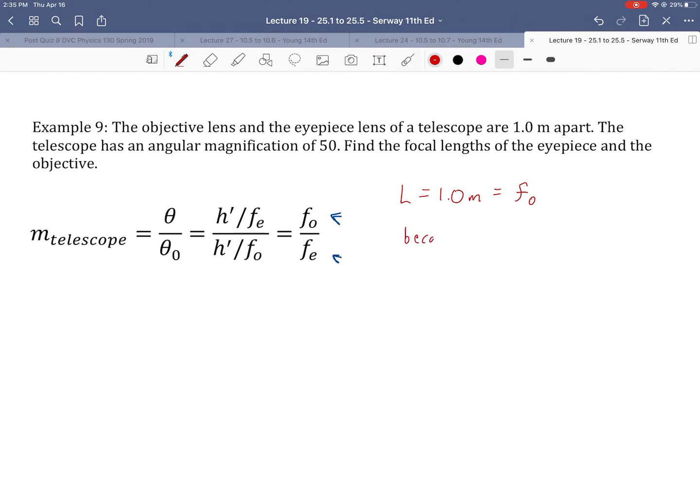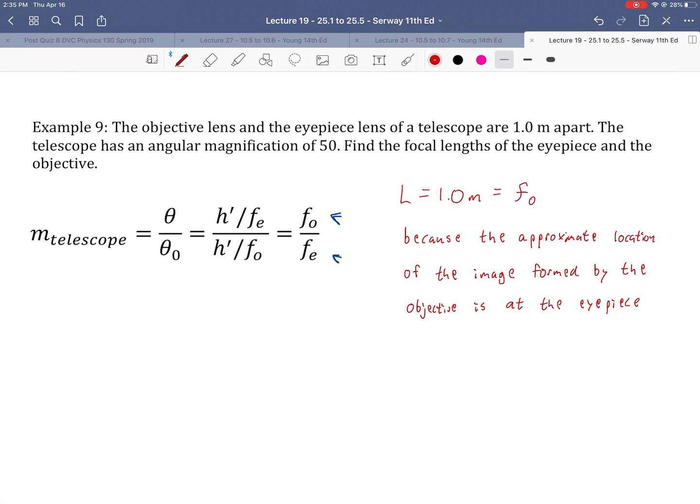And that's because the approximate location of the image formed by the objective is at the eyepiece.